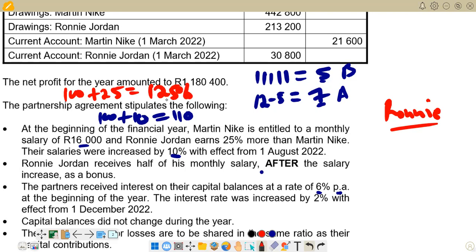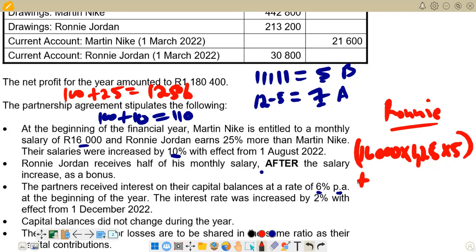If you convert it to a decimal, it becomes 1.25. So what we are saying is 16,000, then you multiply by 1.25 to see what Ronnie is earning before the increment. And then the number of months that we have there, we have 5 months before, so you multiply by 5. Then you close your bracket.